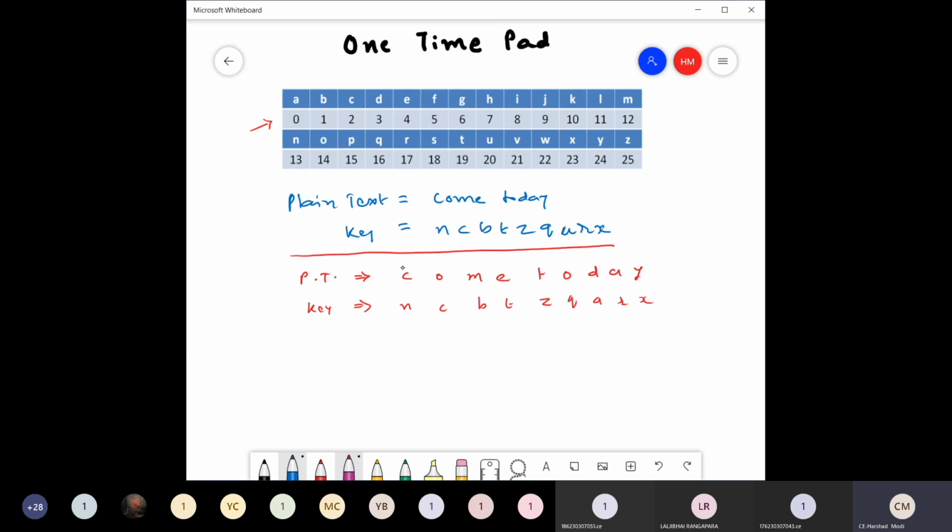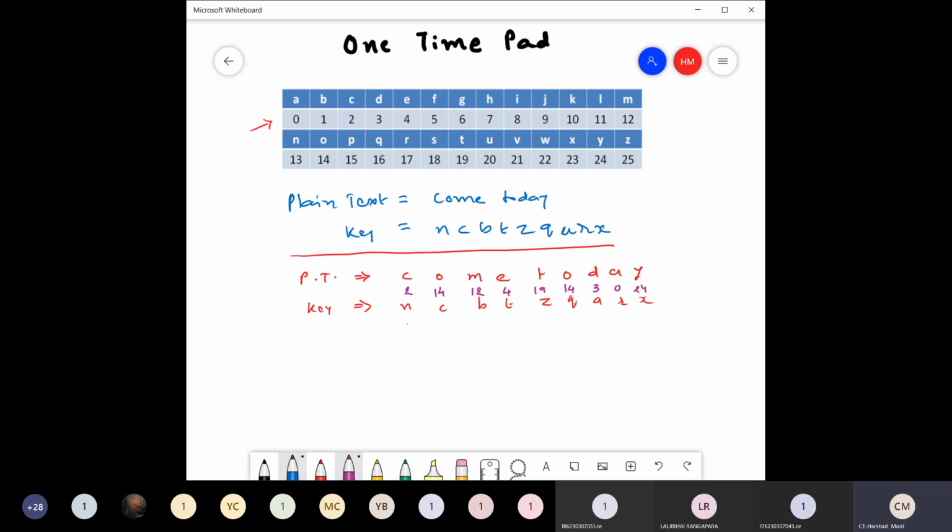So in the matrix, C means 2, O means 14, M means 12, E 4, T 19, O 14, D 3, A means 0 and Y means 24.